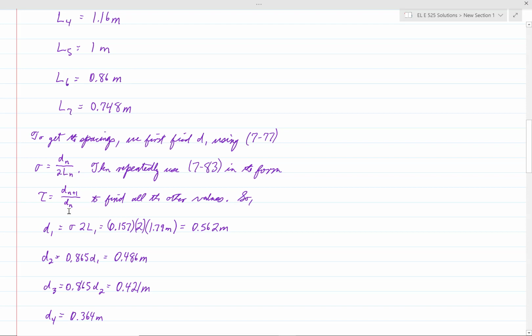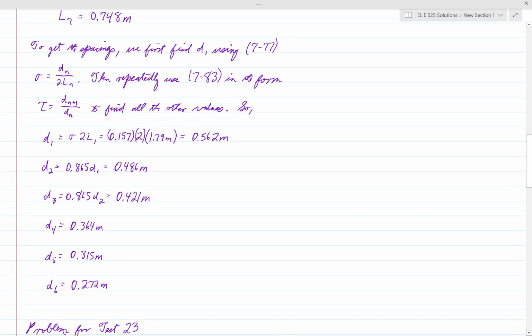So again, according to equation 7-77, D1 is equal to sigma times 2L1. For sigma, we found 0.157. Multiply that by 2L1, and we get 0.562 meters.